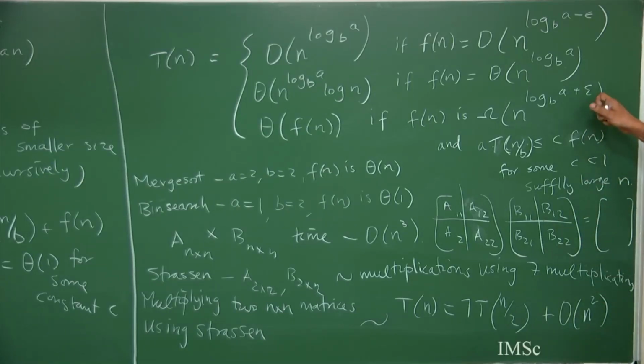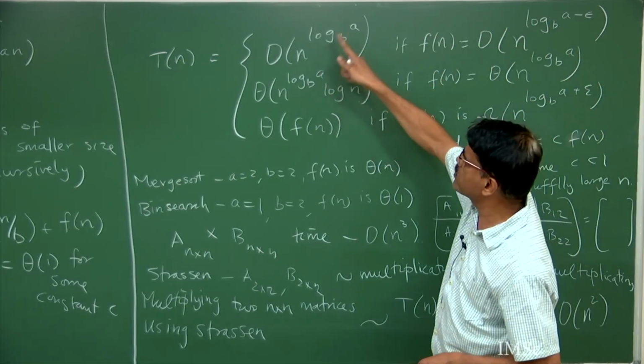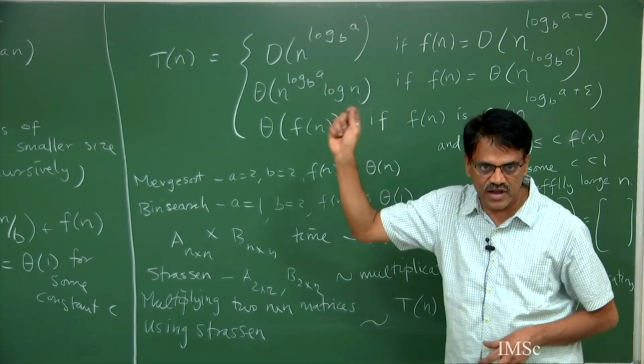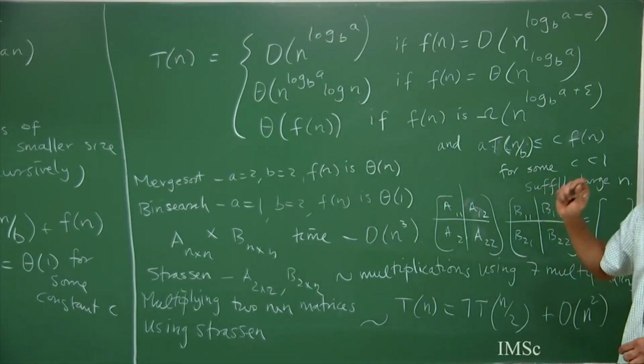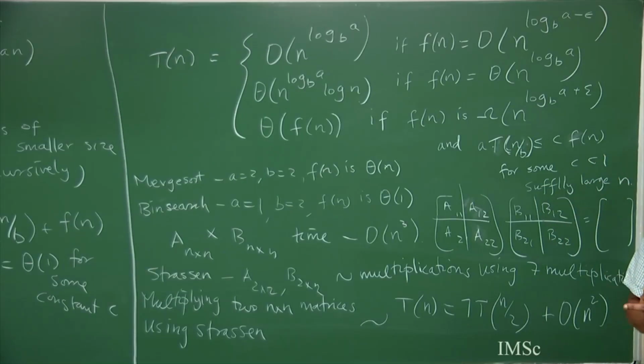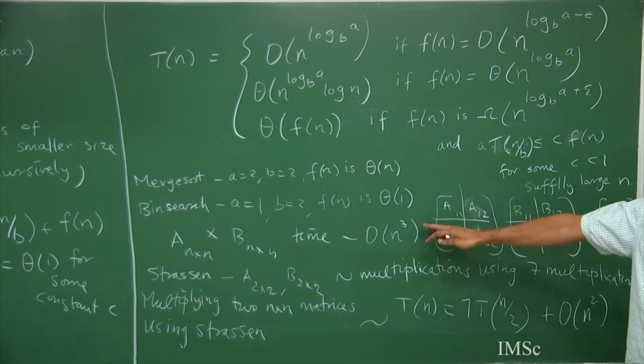Since your f of n is n square, whereas n power log a to the base b is strictly more than 2, it fits into this case. So, the running time is n power log 7 to the base 2, which is 2 point something, rather than your n cubed.